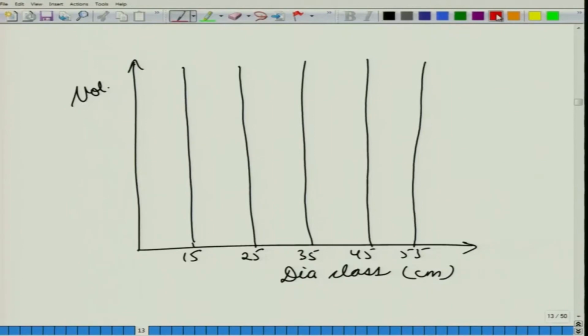With our general volume tables, for a 15 centimeter diameter we can have a volume, say V1, for a particular height 1, then this for height 2, this is a value for height 3 and this is a value for height 4. Similarly we can find out these values for each of the different diameter classes. So, here we are marking the volumes for each diameter class for different heights. This is what we will get from the GVT.